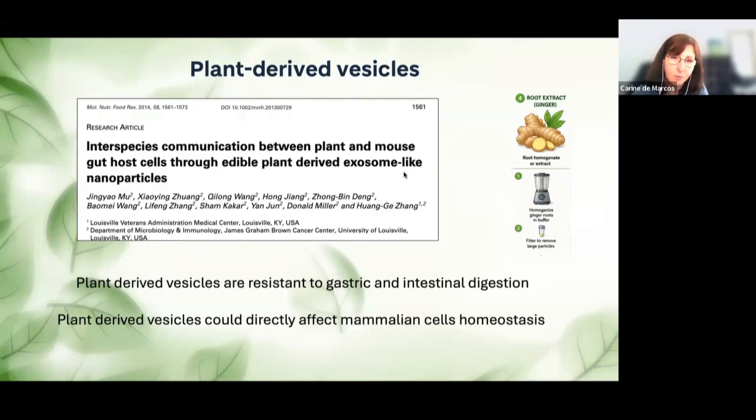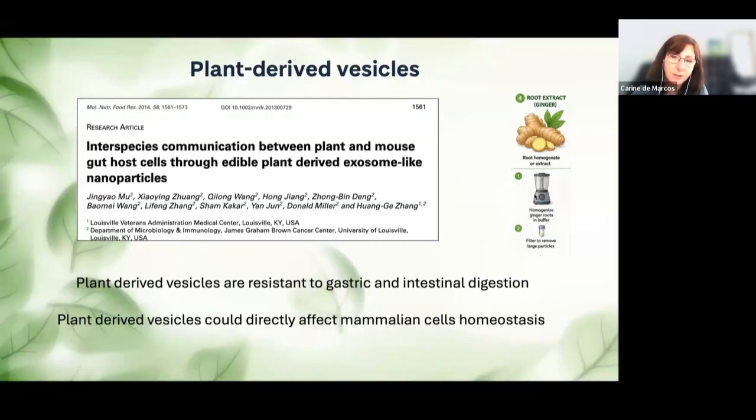So you can see that they call that exosome-like nanoparticle, which is different from other papers. But basically what they did is that they extracted plant-derived nanovesicles from ginger root extracts.